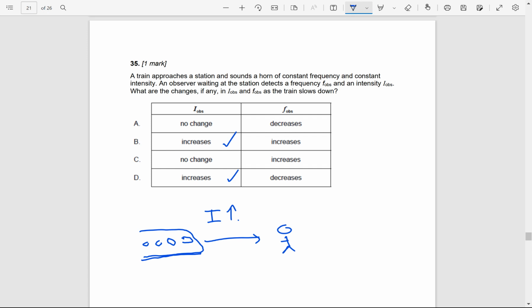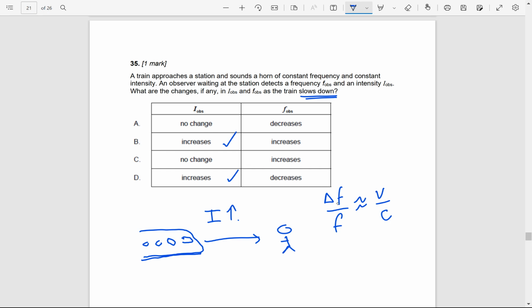So we need to know what the train is doing. Okay, right, so it's slowing down. So the change in frequency divided by the correct frequency is approximately equal to the speed divided by the corrected speed.